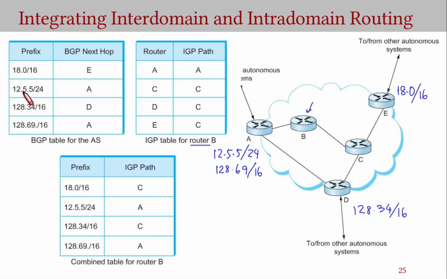Similarly, 12.5.5 is supposed to be sent to A. It's directly connected to it, so it's going to just send it to A. For the third prefix 128.34, it's going to be sent to D. For D, it prefers this path through C, so it sends this to C. And then lastly 128.69 is sent to A.